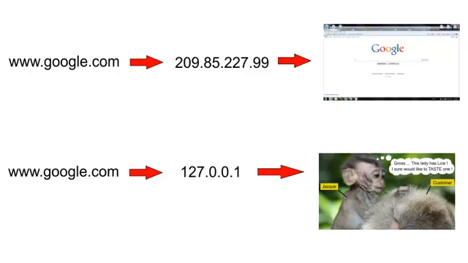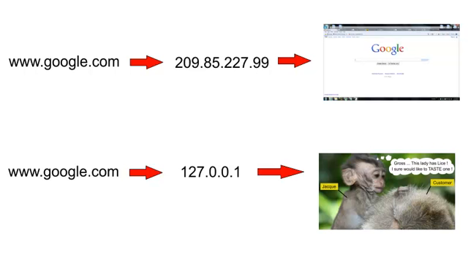The host file on the clunker computer says that the Internet Explorer should replace www.google.com with the 127 call home IP address, which will give us Jacques' hair salon. But somewhere out on the Internet, someone else has a host file on their computer that says that if you type google.com, then the Internet Explorer should replace the words with the actual IP address of the Google search web page.